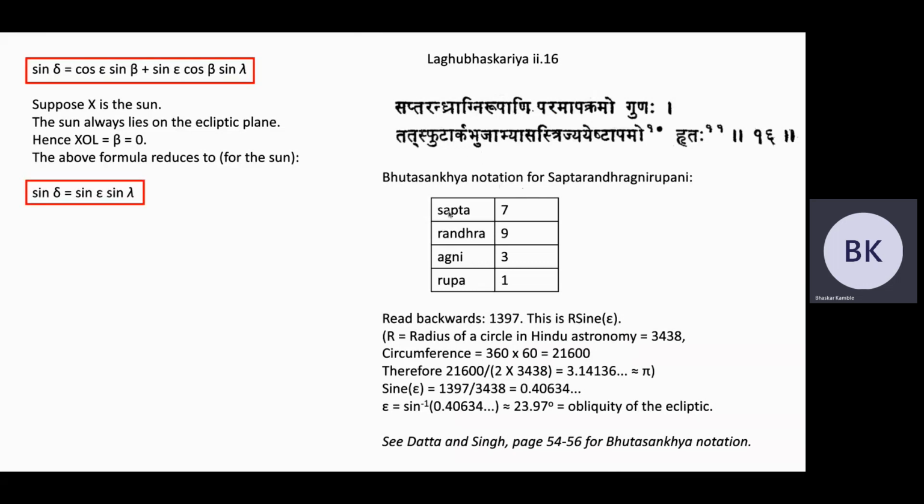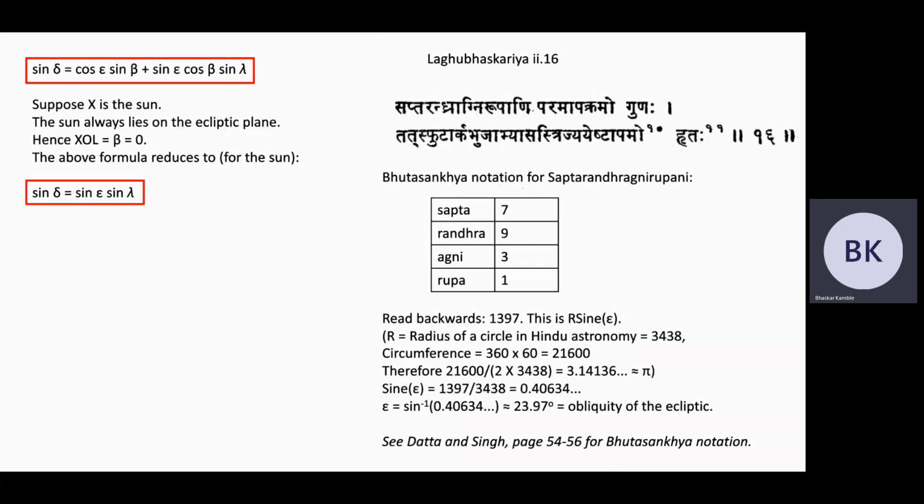In the Bhuta Sankhya system of notation, each number can be represented by certain words. For example, one can be represented by the word Surya, which means sun, because there is one sun, or Shashi, moon, because there is one moon. The number two can be denoted by netra, which means eyes, since everyone has two eyes. The number three can be notated by the word guna, because there are three gunas in Hindu philosophy: sattva, rajas, and tamas.